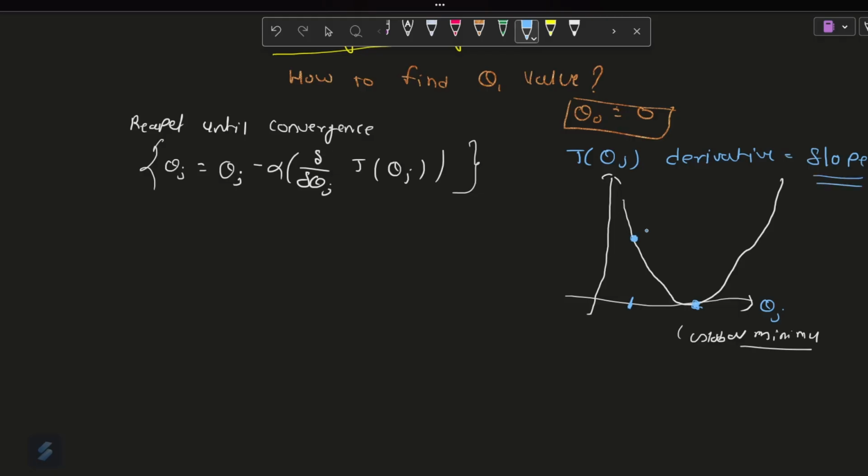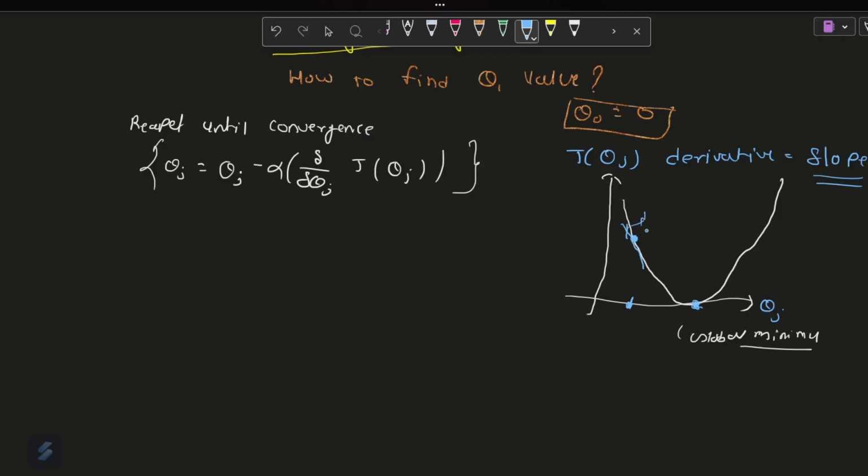So we calculate the slope of that particular line at that theta value, for converging.